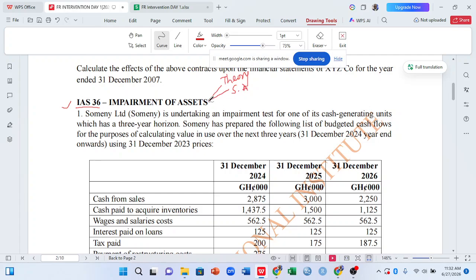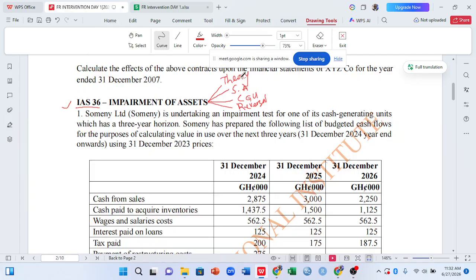The examiner can also test you on cash generating units. And lastly, on reversal of impairment. So if you are reversing impairment, how do you go about that? So these are four things the examiner can test you on.